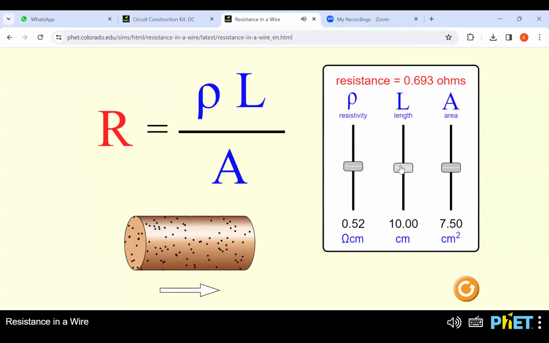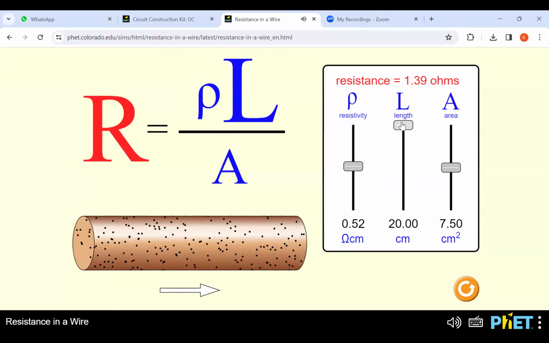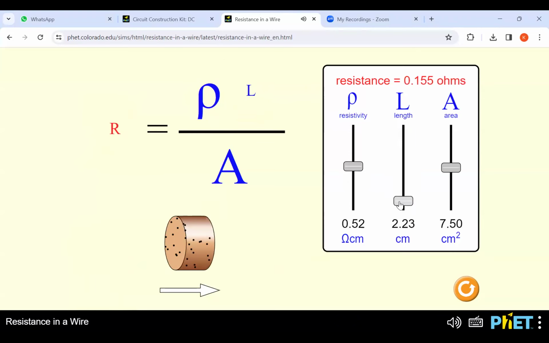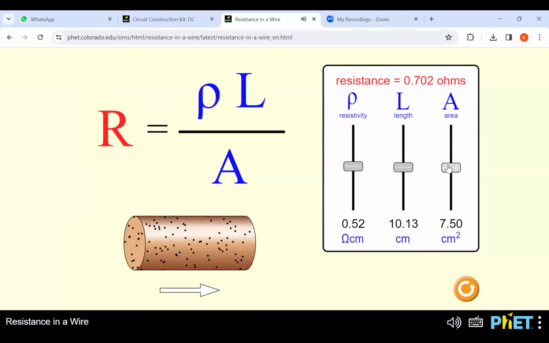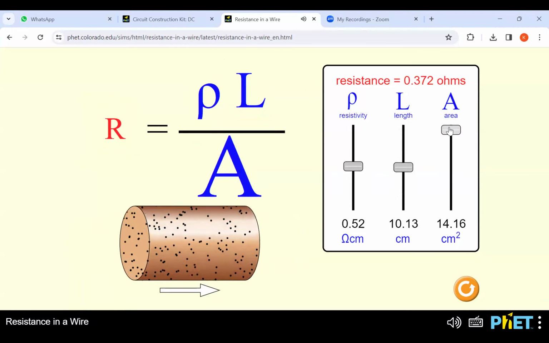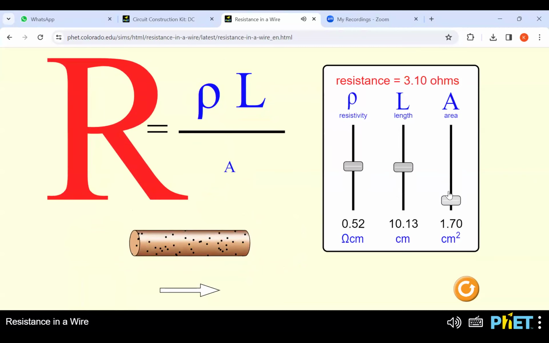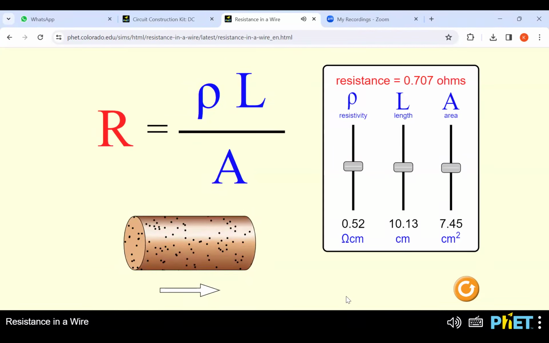Then if I increase my length, longer and longer, the resistance also increases, and vice versa. But for the cross-sectional area of the component, as I increase the area, the resistance actually gets smaller. As I decrease the area, the resistance actually increases.